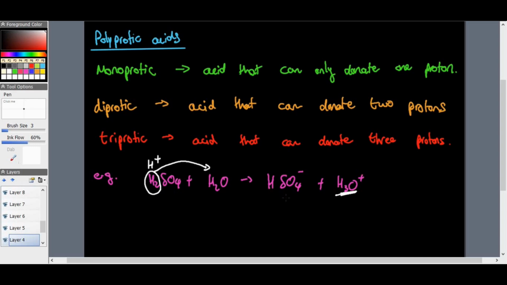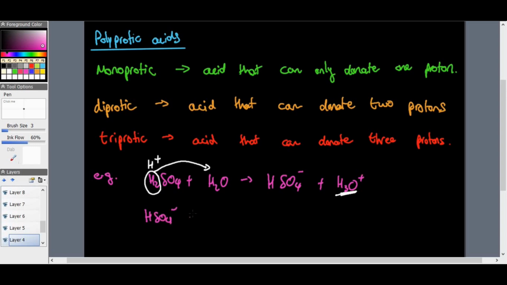HSO4 minus. Remember SO4 is a 2 minus ion. That bonds with hydrogen, which has plus 2. They come together to cancel each other out to make a neutral compound called H2SO4. So now I've got HSO4 minus, showing that I've lost 1 proton. Now I can further react this.